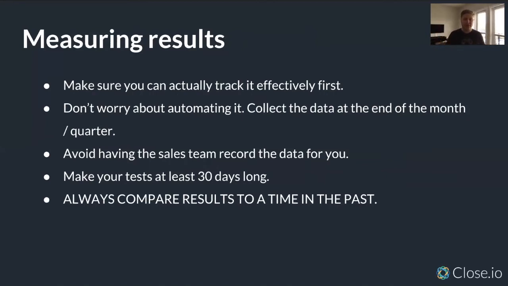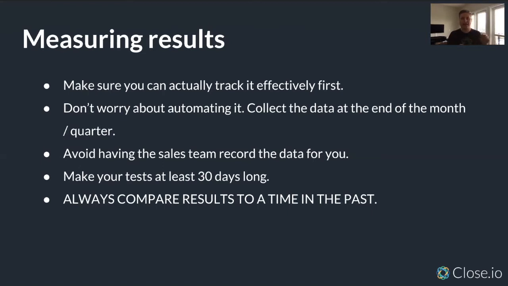And another big point is avoid having the sales team record the data for you. I've made this mistake many times in the past, where we're going to introduce a new experiment. The most common one I hear is, we want to know how people hear about us. And typically what people do, and I've done this to my own fault in the past, is I tell all the salespeople, okay, first question you ask them when you're qualifying them is where they heard about us. And then go into the CRM and log this piece of information in.